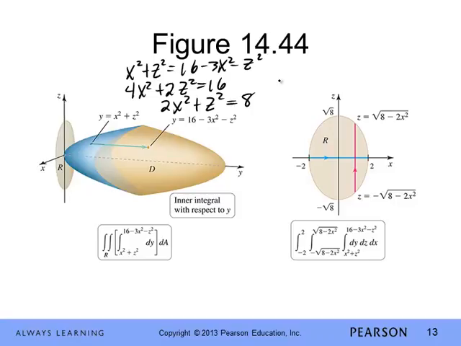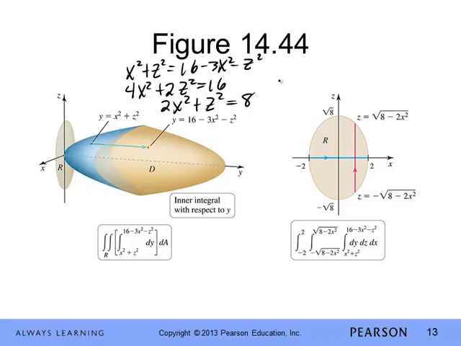So then you could choose to solve for z in terms of x or x in terms of z. You choose. In this example, we've chosen to solve for z in terms of x to get lower and upper limits. So when we take that equation and solve for z, of course, we're going to have z squared is equal to 8 minus 2x squared, and then take plus and minus square roots in order to get the lower half and the upper half.